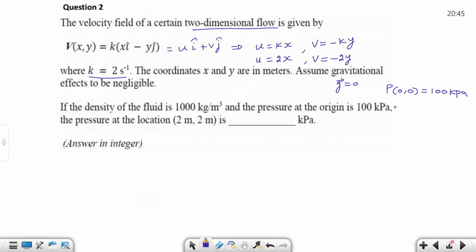What is the pressure at location 2, 2? So this is what is asked. It is a two-dimensional flow. Now we write down the two-dimensional momentum equation.